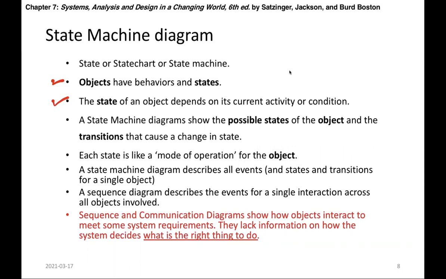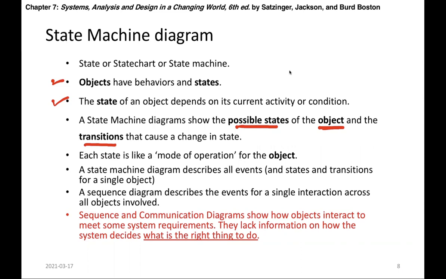So we're looking for the states, which objects we are monitoring, and even the transitions. Each state is like a mode of operation for the object. A state machine diagram describes all the events, states and transitions for a single object.